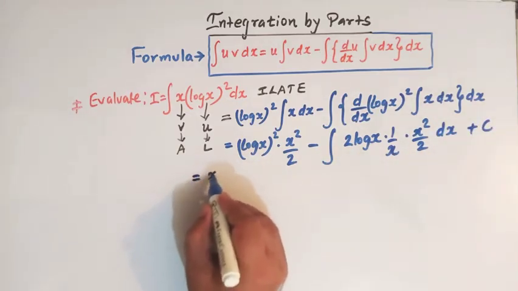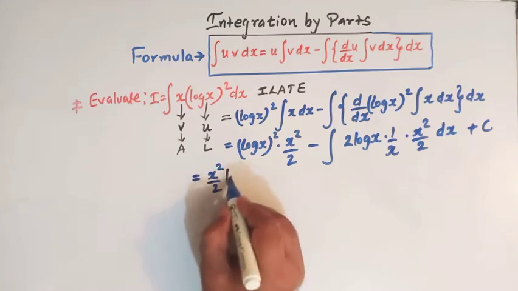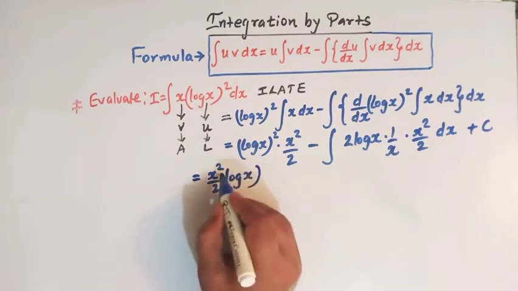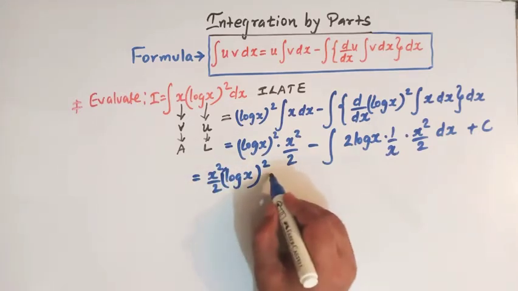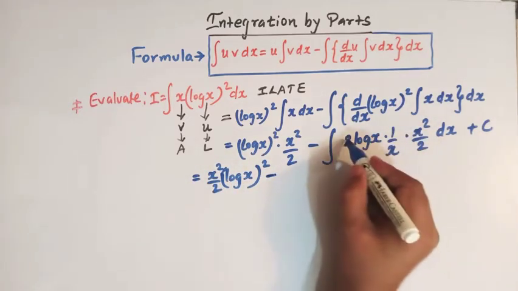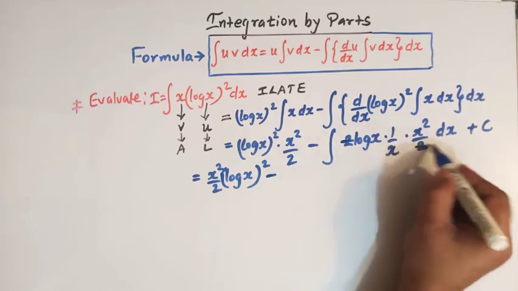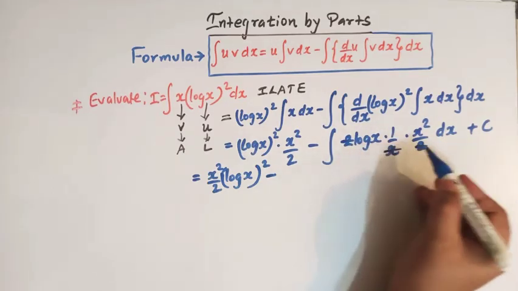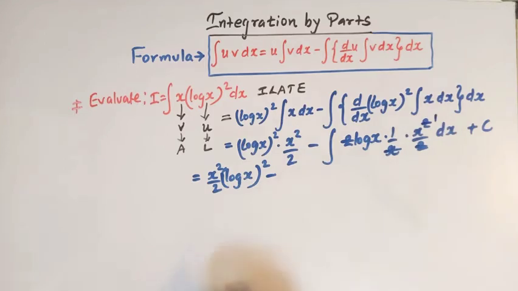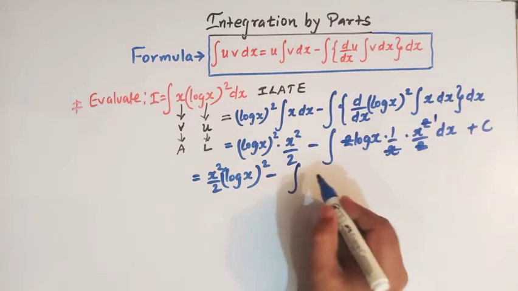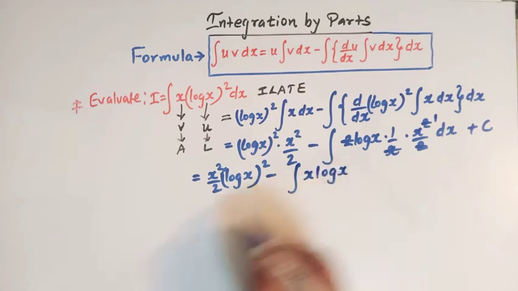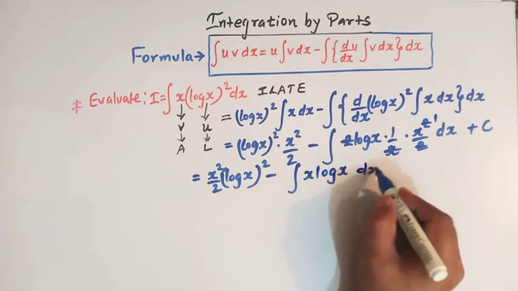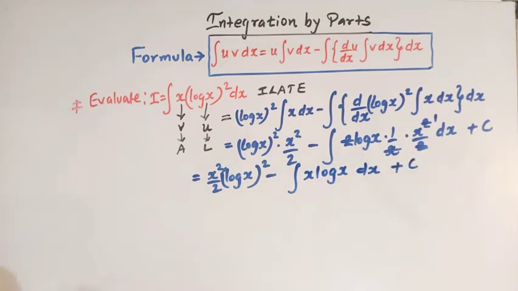So this can be written as x square by 2, this is log x square, and minus here 2 and 2 get cancelled, here x and x get cancelled. So viewers, we are left with x log x dx plus c, right?